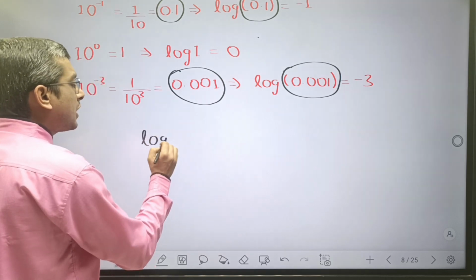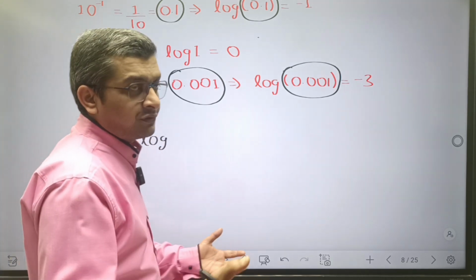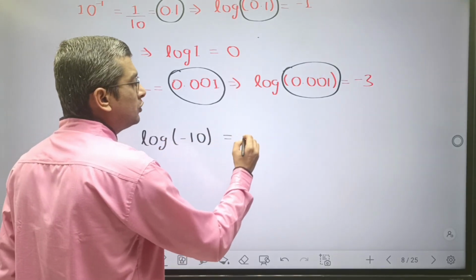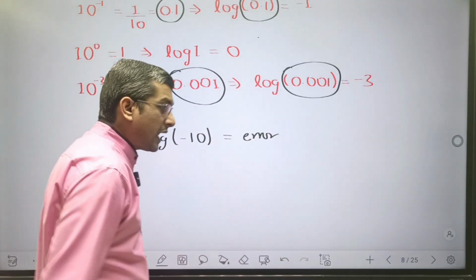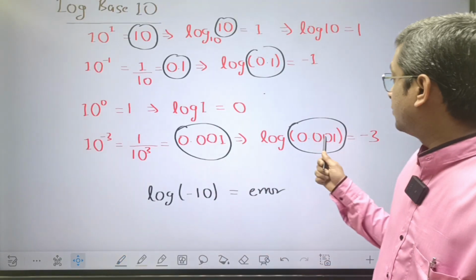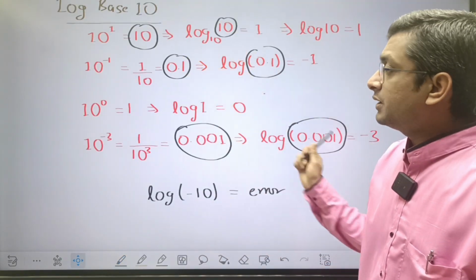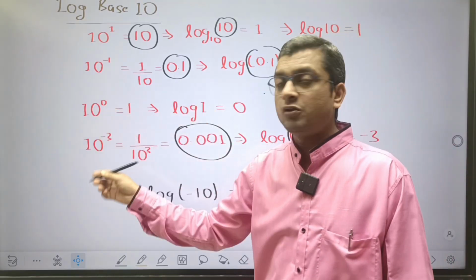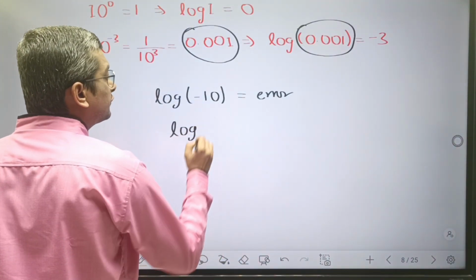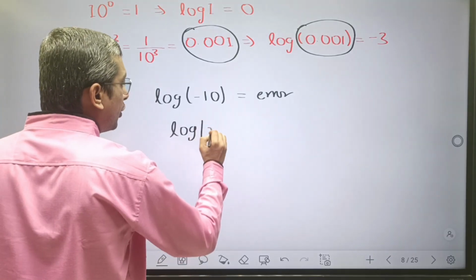So wherever, for example, if you ask a sophisticated calculator for the value of log minus 10, your calculator will give an error. Why? Because this value can never be negative. Observe carefully, this result can never be negative, whatever power you put here. So what we do, we put this value in mod.